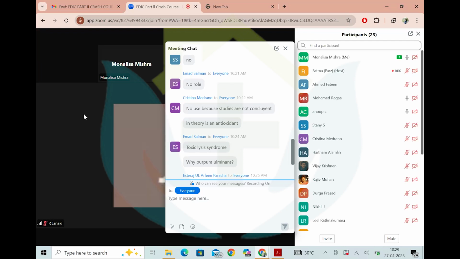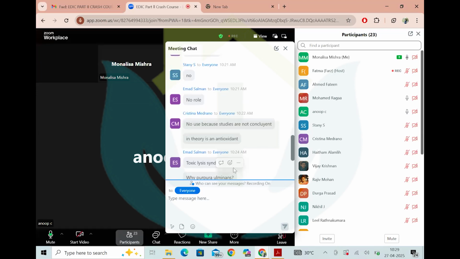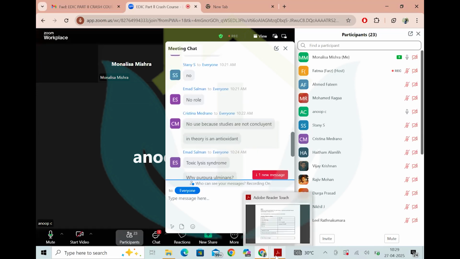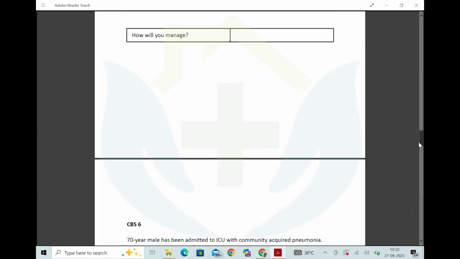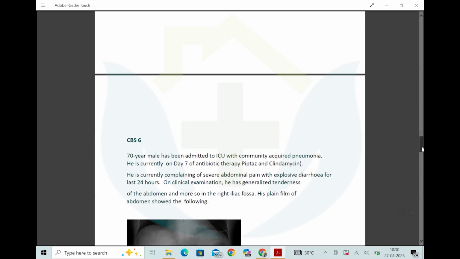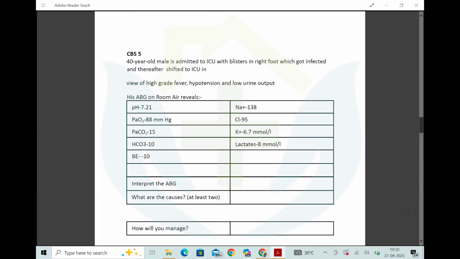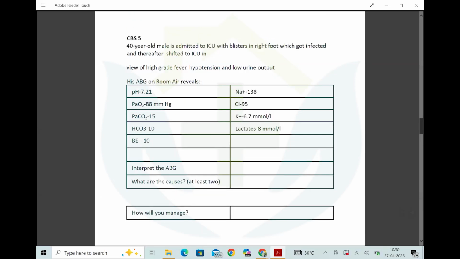Methanol poisoning, uremia. Yes. So you should know about the causes of high anion gap metabolic acidosis. After knowing that it is high anion gap metabolic acidosis, we can calculate the delta gap as you said. But first we need to clear the basics that it is high anion gap metabolic acidosis. Then how do you manage a DKA patient? That is the next question.